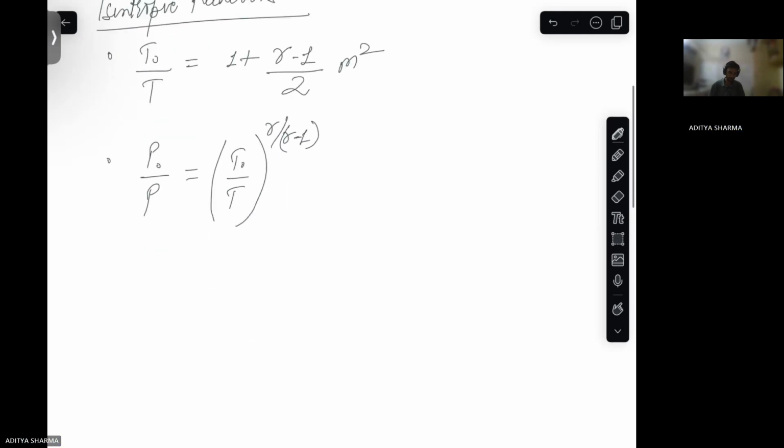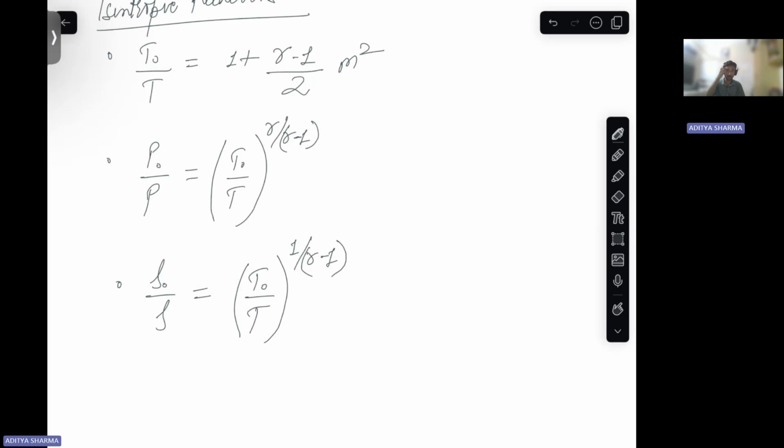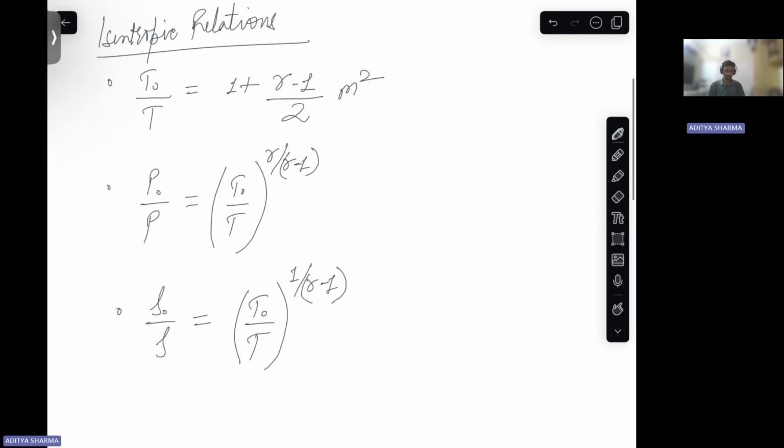Then talking about density, we can give density this way. Gamma is the ratio of specific heats. So these are your isentropic relations.